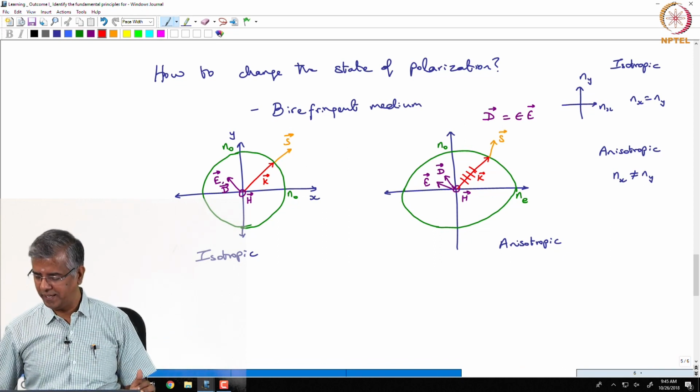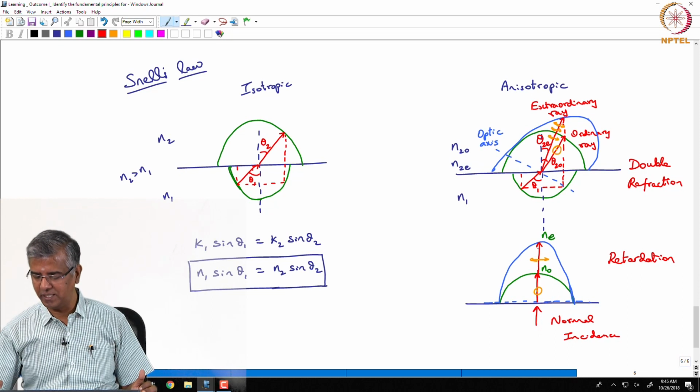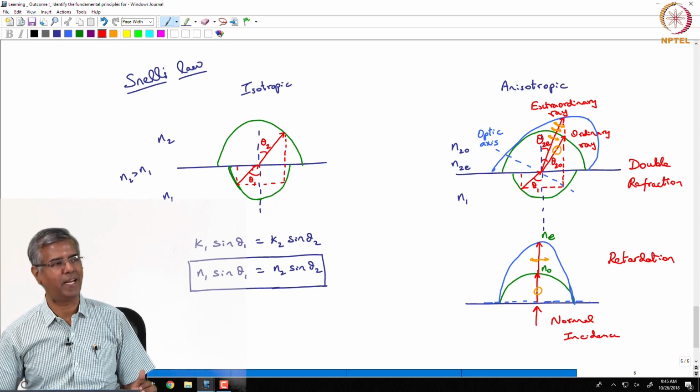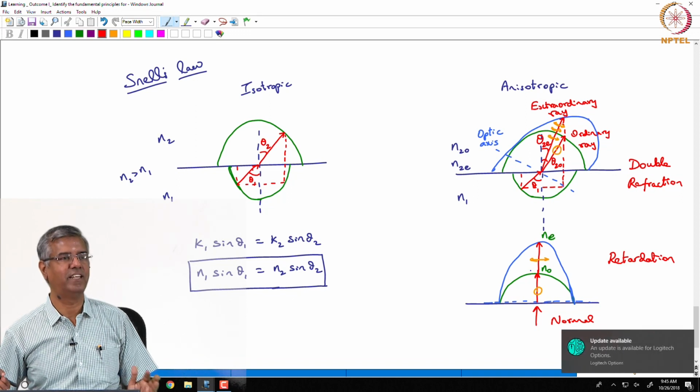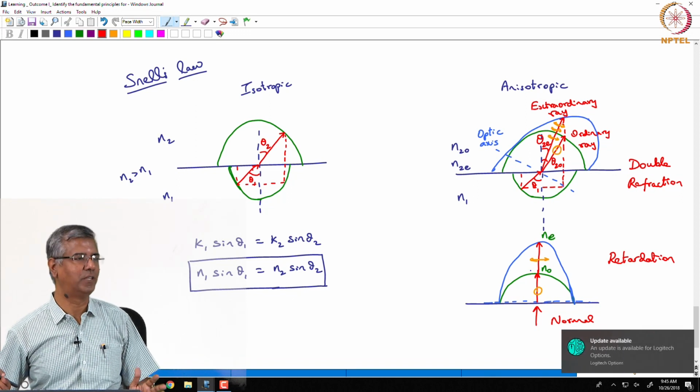So, in the case where you have normal incidence and the optic axis making an angle with respect to the interface, you would still see double refraction. That is actually not very intuitive, right?